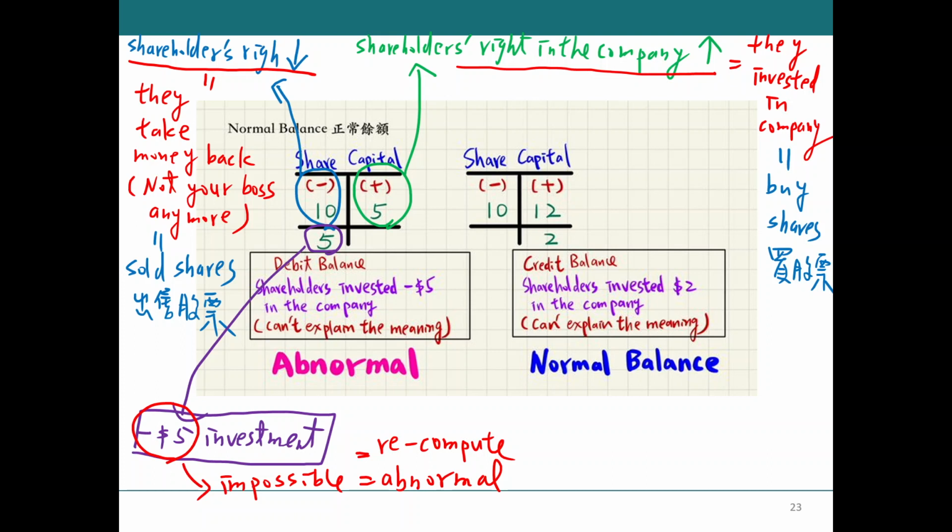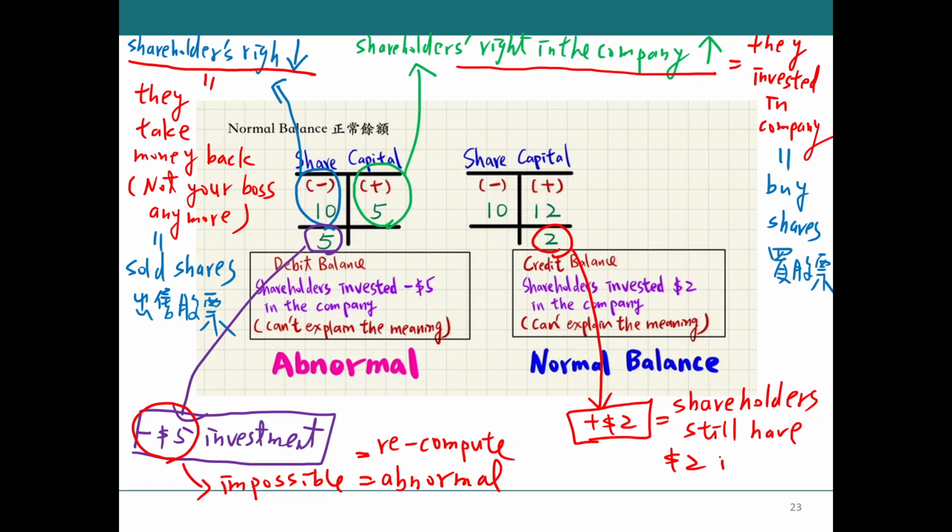So that's how we explain the meaning. This means positive $2. So shareholders still have $2 investment in your company.